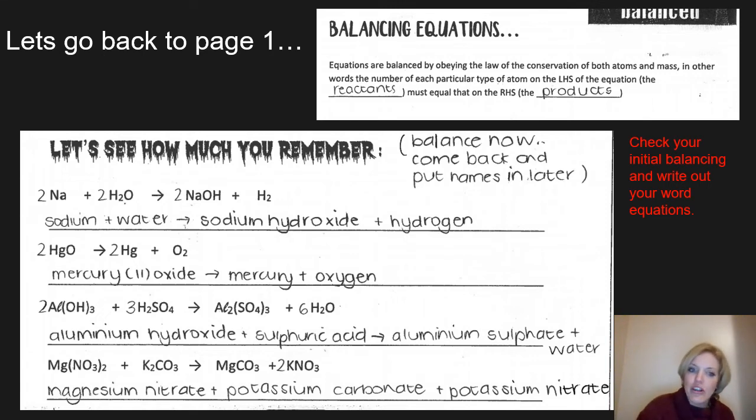And you'll see that we're using mercury 2 oxide here. Okay, so in this situation, everything is nicely outlined for you.